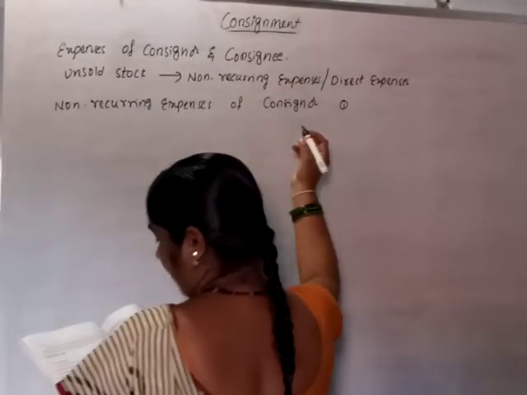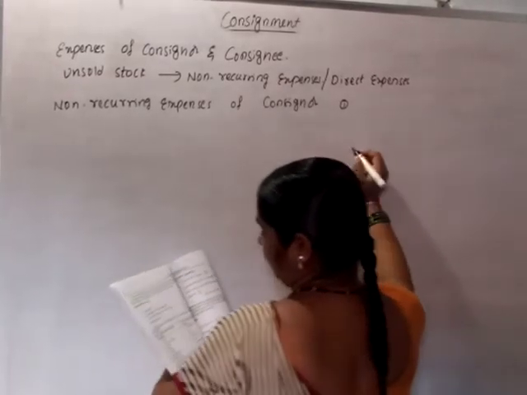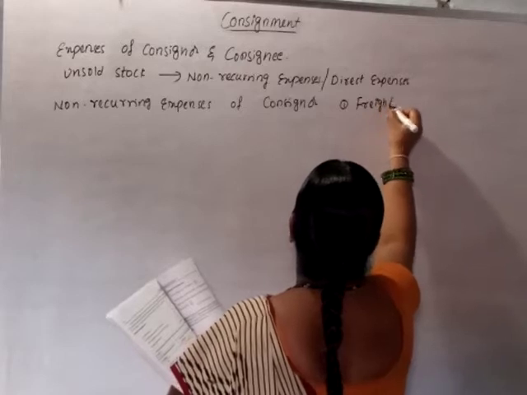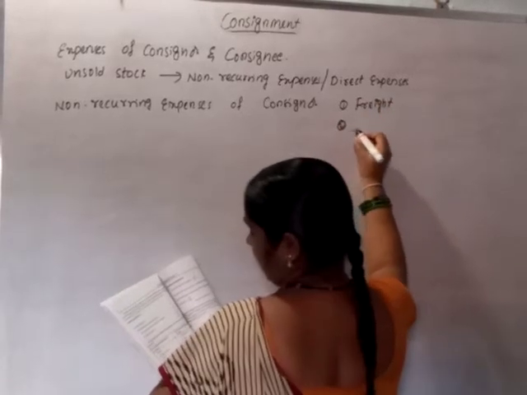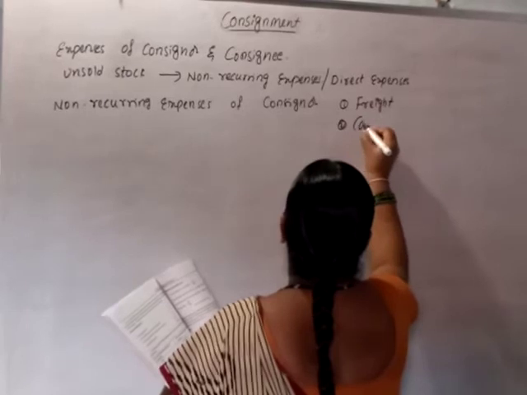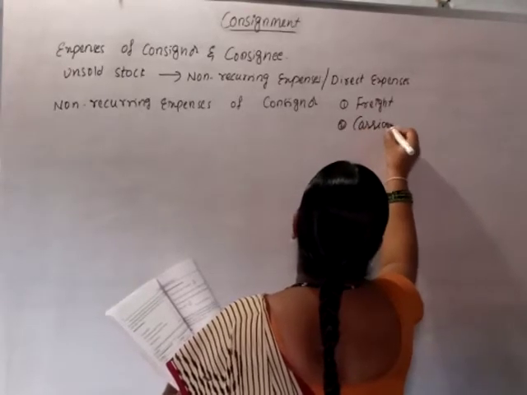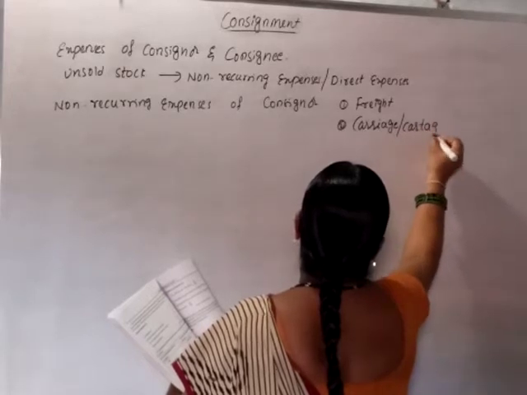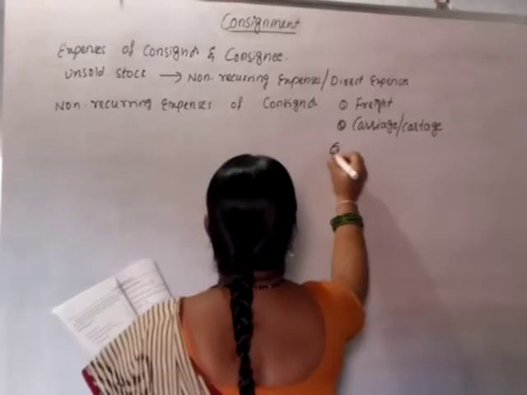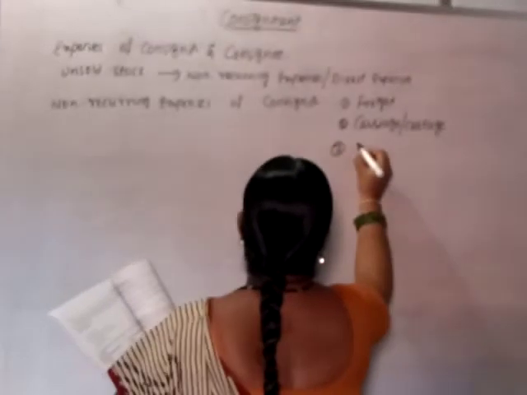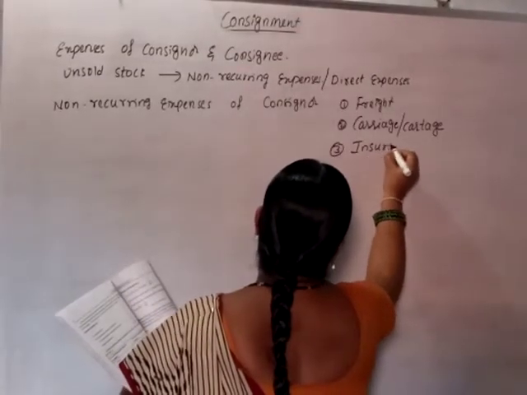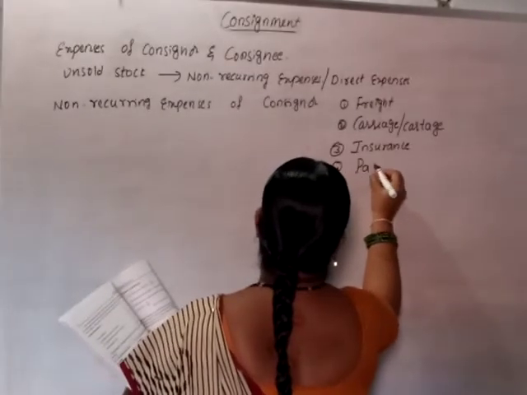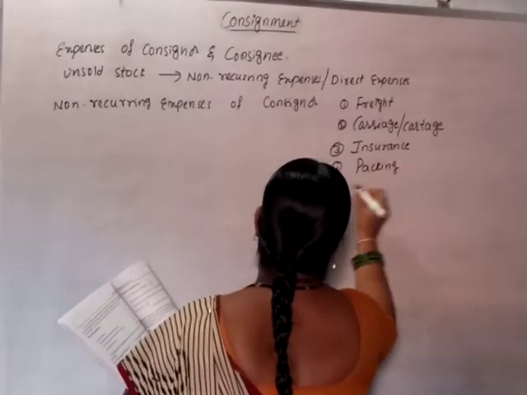First one, freight. You must remember all of these. Second one is carriage or cartage. Third one, insurance. Fourth one is packing.